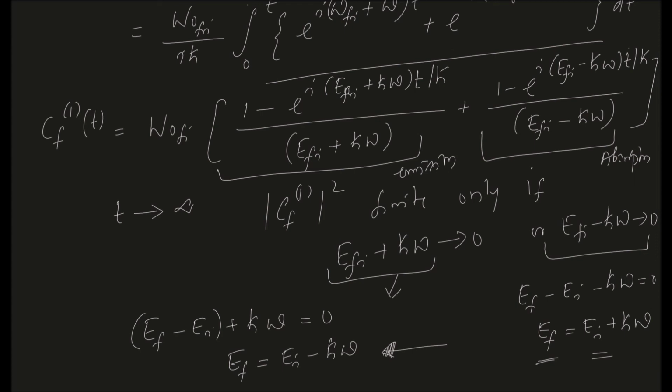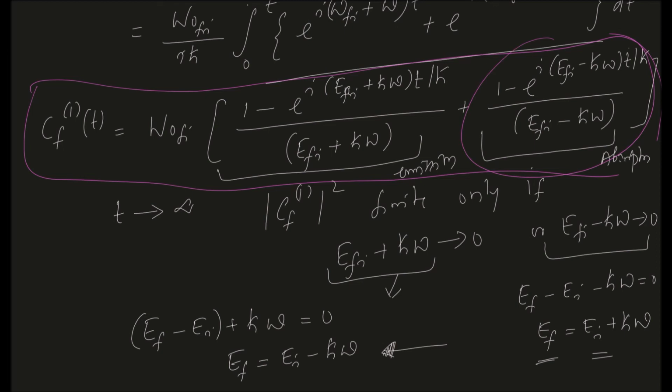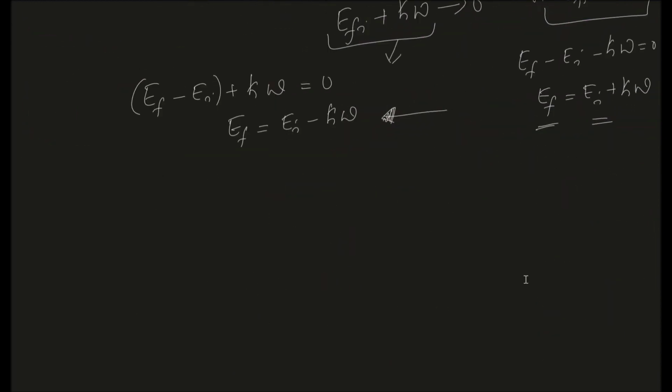So let's consider the absorption case. From this expression, we need to retain only the second term, because these two things cannot happen simultaneously. So let's consider the absorption process happening in the system.